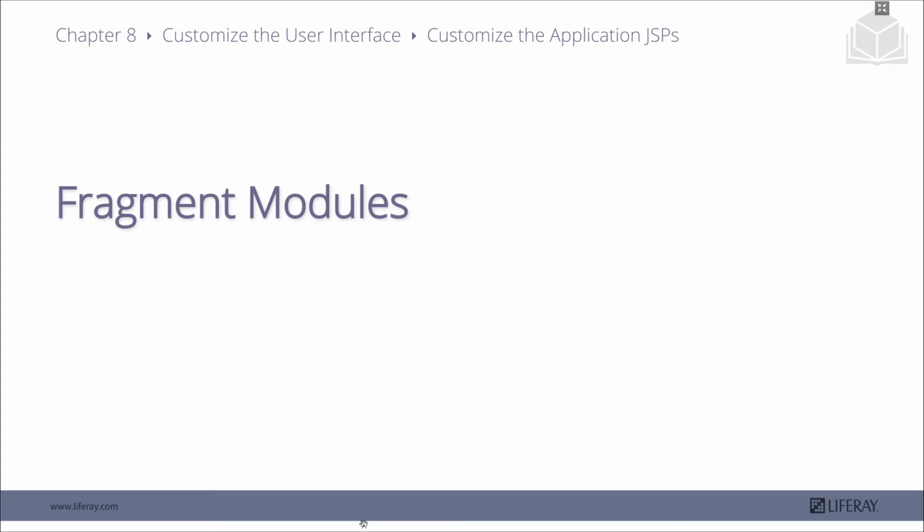We'll move on to our next type of JSP override, with fragment modules or fragment bundles. A fragment module is an OSGi fragment. A fragment is a special type of bundle or module that allows us to override JSPs in another bundle or in another module.